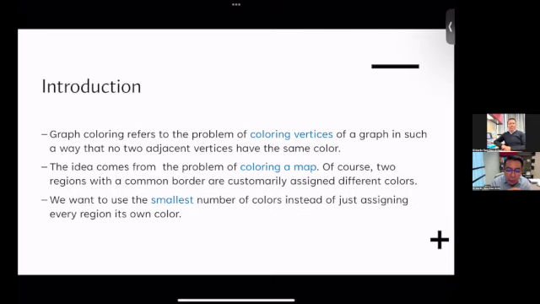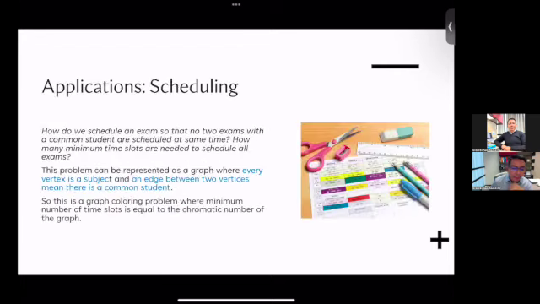But as you may also imagine, we are interested in finding the minimum amount of colors that we need to use in order to paint a map or a graph, so that we can distinguish every region with a different color or every vertex with a different color.